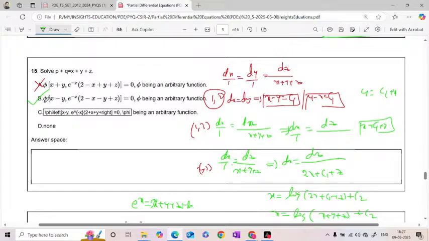Option, okay Nandi? This time the... no. Okay sir, no. So option C is the correct. Here there is a printing mistake.